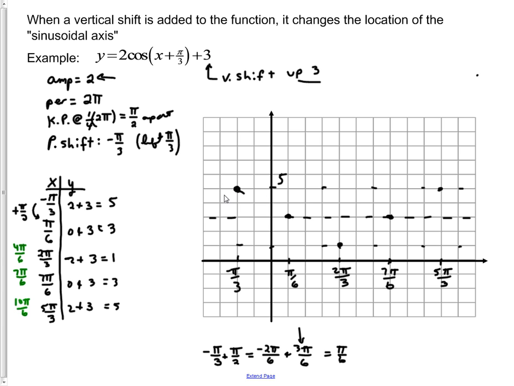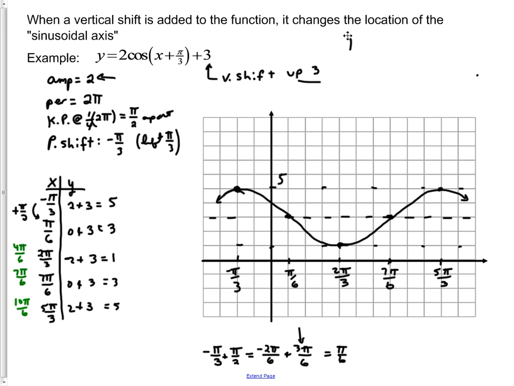Our one cycle should look something like this, passing through each of our key points within one cycle. Here's one cycle, and maybe a little bit more, of our graph of y equals 2 cosine of the quantity x plus pi over 3, plus 3.